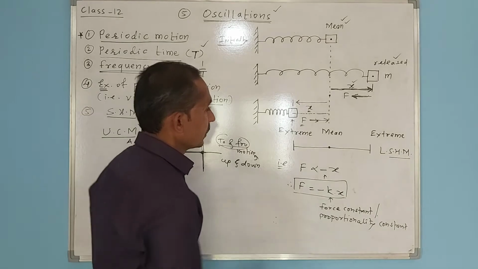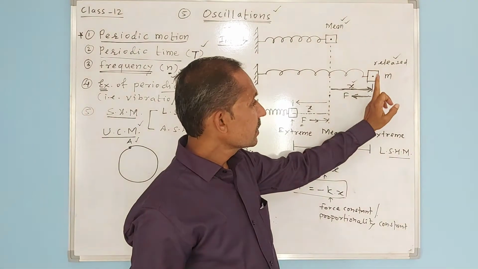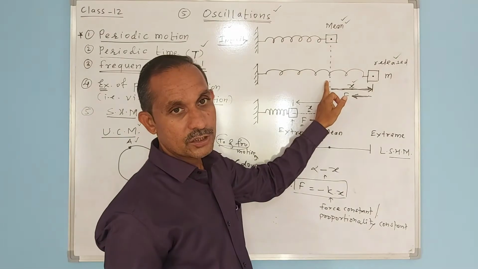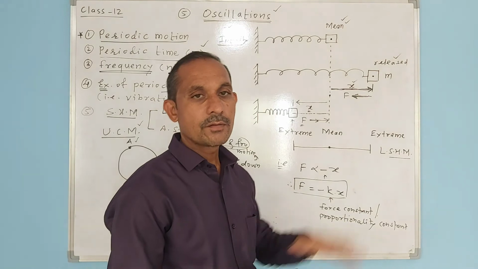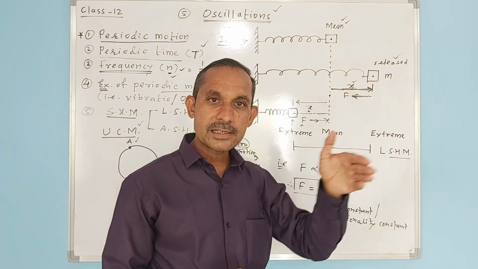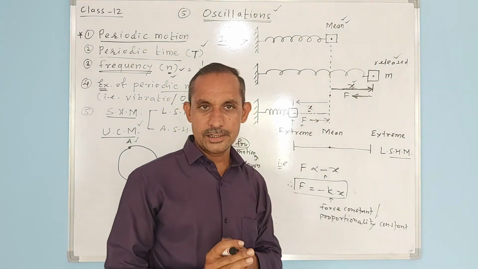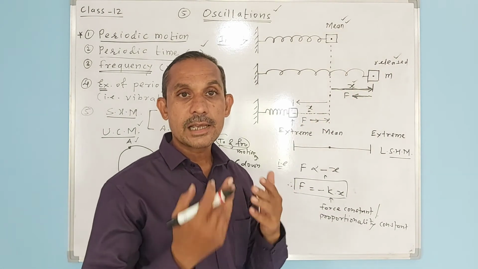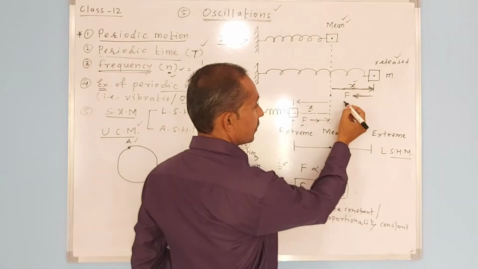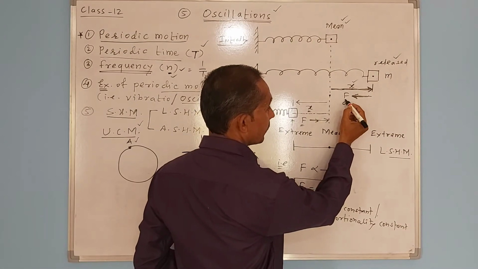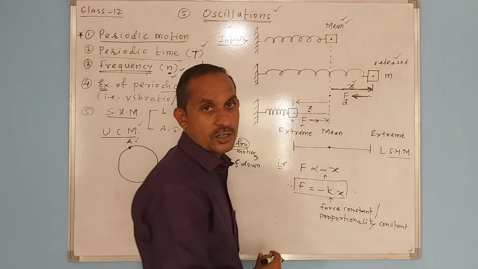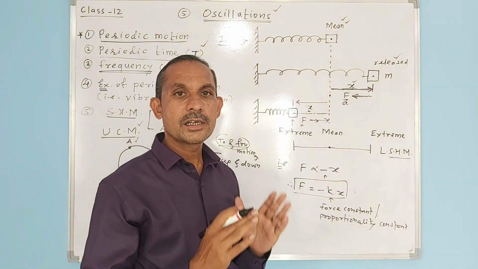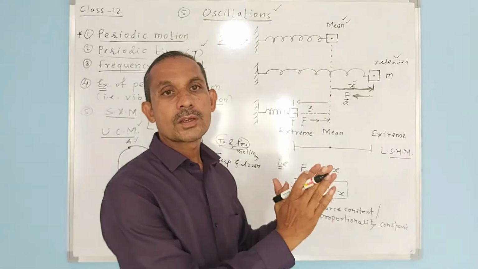Okay. Now, when the body is released from this position, it will move towards the mean position with increasing velocity. With increasing velocity means the body is accelerating. Means in this motion, body has acceleration, and acceleration is a vector quantity, and we know acceleration is always directed along the force.